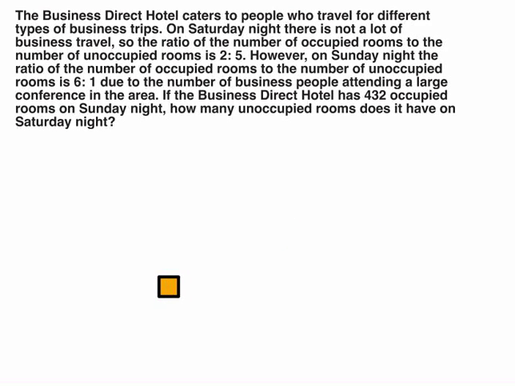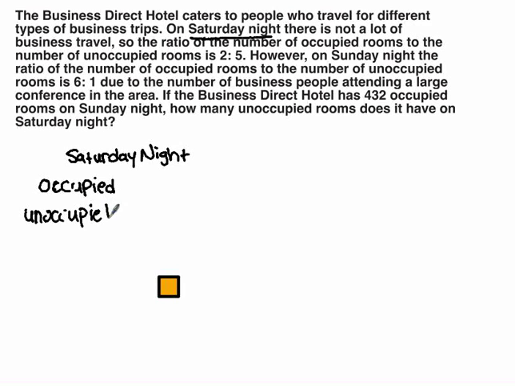So it's comparing two things on two different days. If we start by looking at Saturday night, I'm going to represent this in a different area. I'm going to say Saturday night, and I'm going to represent it occupied to unoccupied.